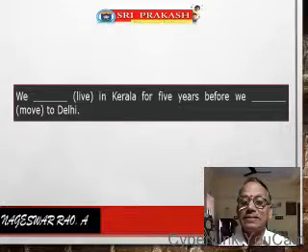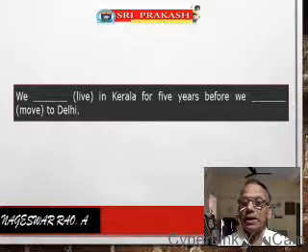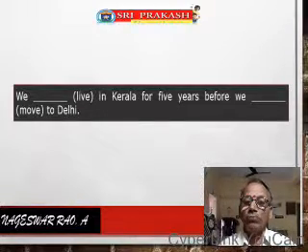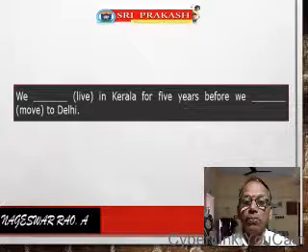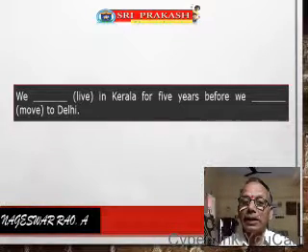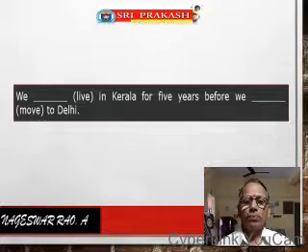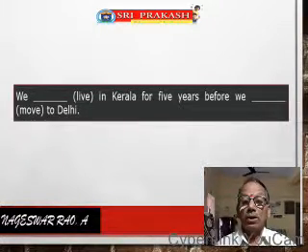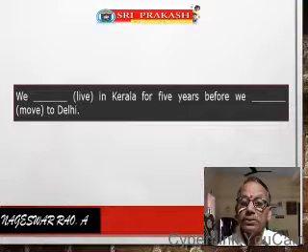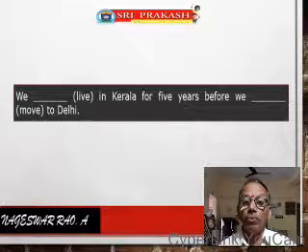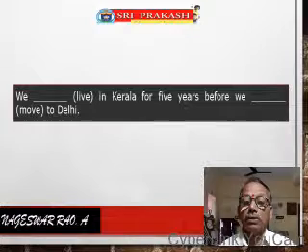Now, let us see this sentence. We dash live in Kerala for 5 years before we dash move to Delhi. Carefully observe the sentence. Did living in Kerala take place first or moving to Delhi?